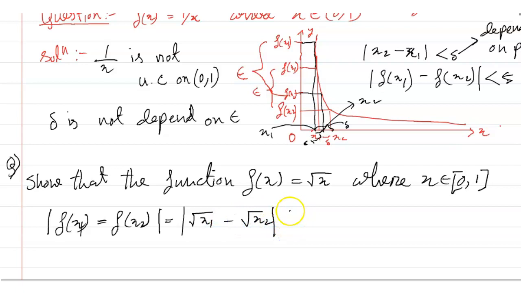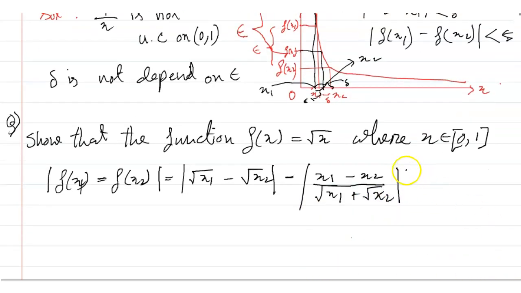And now you can write it this way: |x1 - x2| divided by (root x1 + root x2).